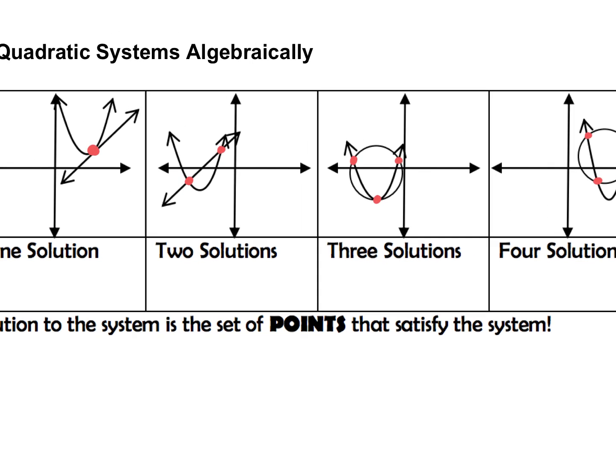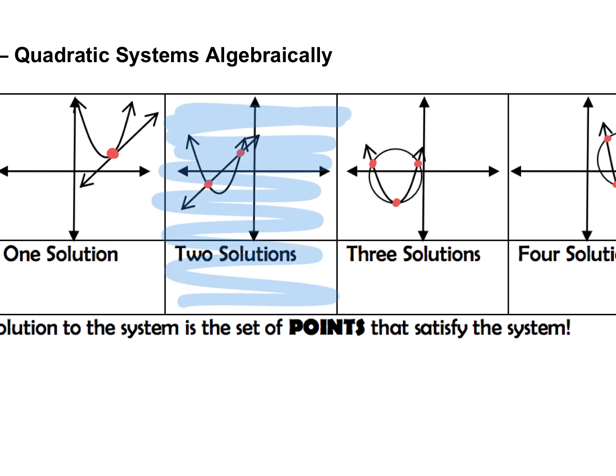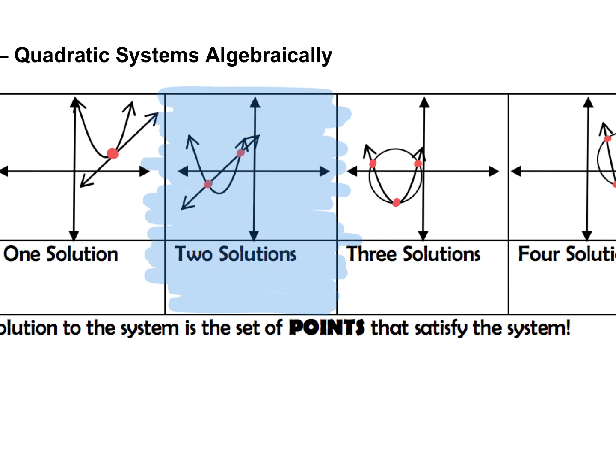What we're going to do today is strictly two solutions. So if you want to highlight or circle this one, that's what we're doing today. With two solutions, we have one that's quadratic, because it's a parabola, and then we have one that's a line.